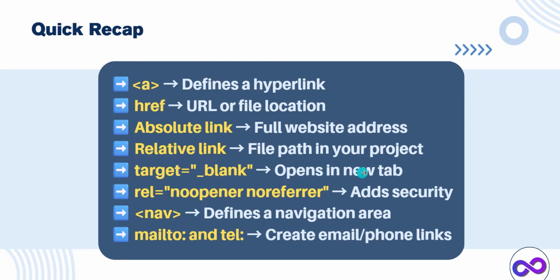Target equals blank opens in a new tab. The rel noopener noreferrer adds security to your page. Nav defines a navigation area. Mailto and tel create email or phone links. And don't forget ID, the hashtag ID, that links to an in-page anchor link.